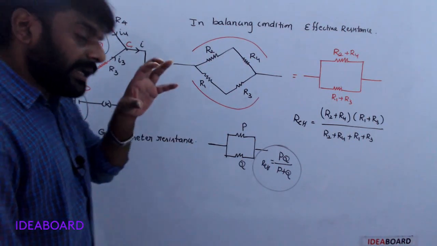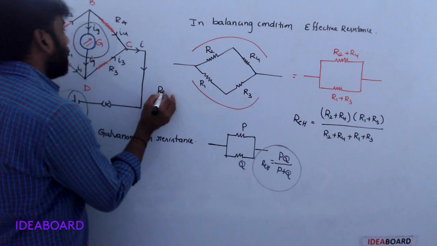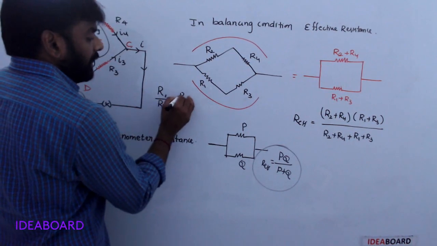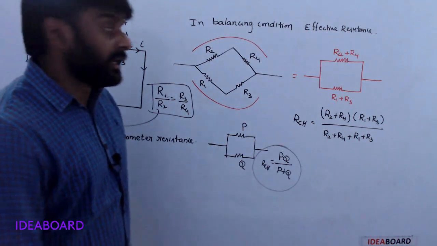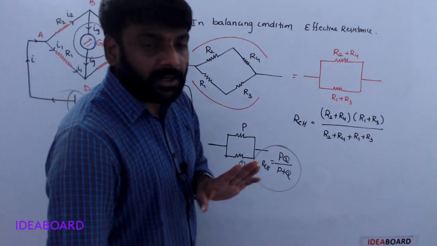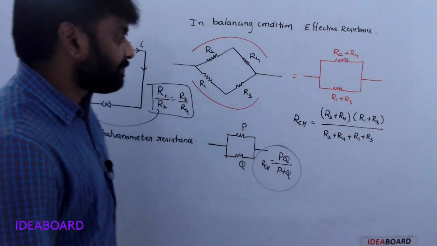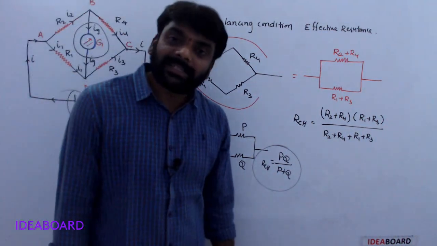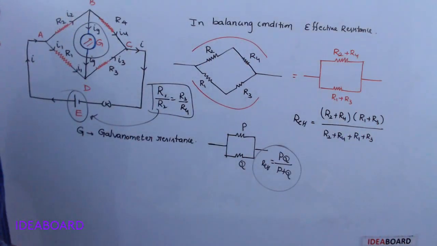That means in balancing condition, R1 by R2 is equal to R3 by R4, independent of the battery and the accuracy of the galvanometer. The galvanometer's main purpose is to show the null deflection. So by using this Wheatstone bridge, we can find out the resistance of a resistor accurately.